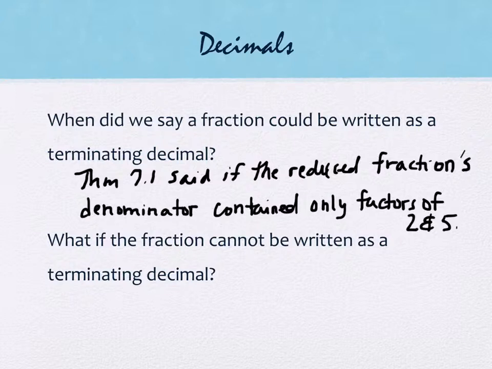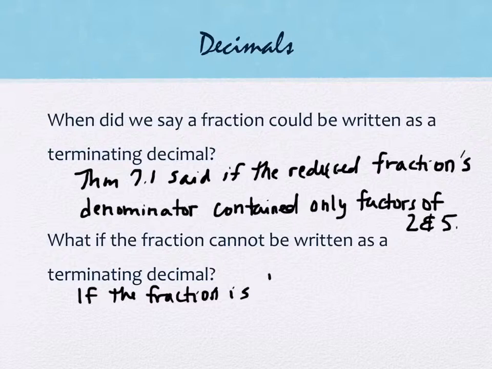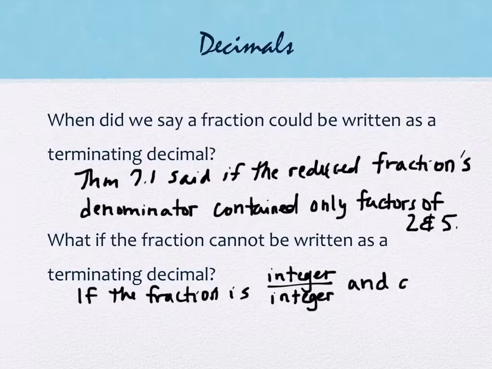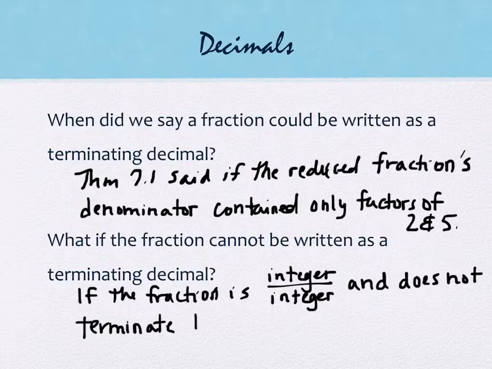So, what happens when the fraction can't be written as a terminating decimal? Well, if we have a fraction that is or can be written as an integer over an integer, and it doesn't terminate, then it will repeat.